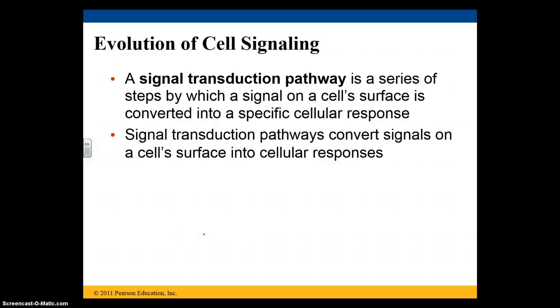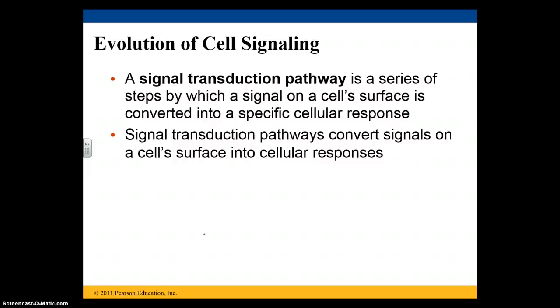So a signal transduction pathway is the term that we use to refer to a series of steps. A signaling molecule will attach to some type of protein on the cell's surface, and then it's converted into a response within the cell.